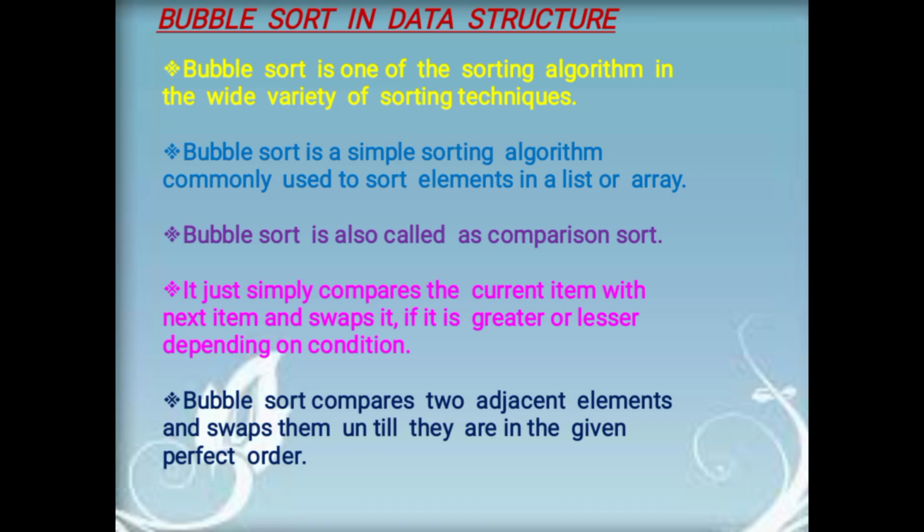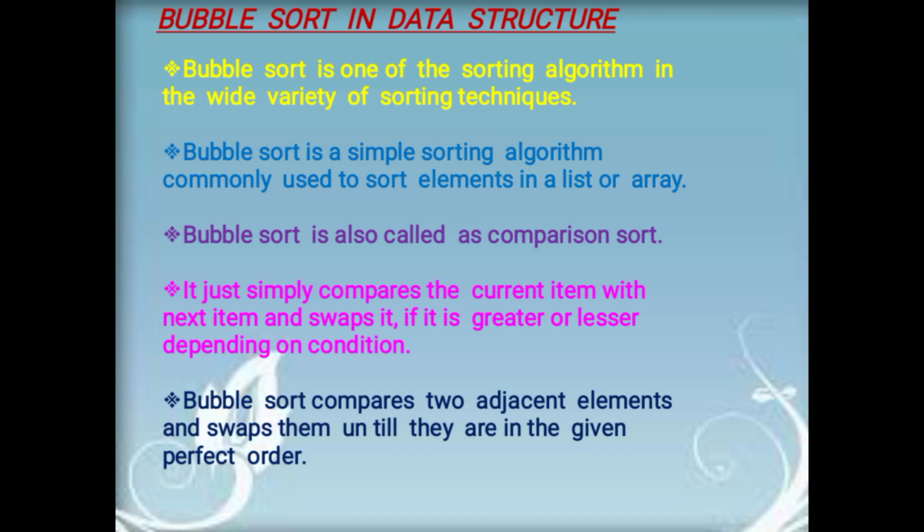Commonly, we use it to sort the elements in a particular order. Bubble sort is also called comparison sort because it simply compares the current item with the next item and swaps it if it is greater or lesser depending on the condition.